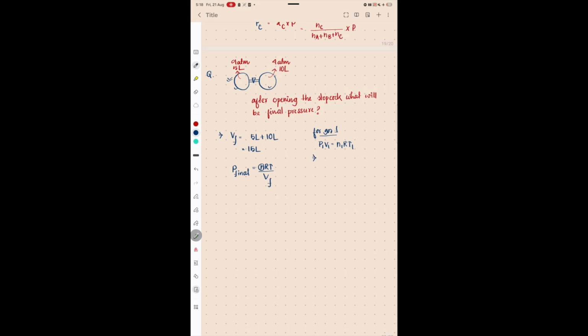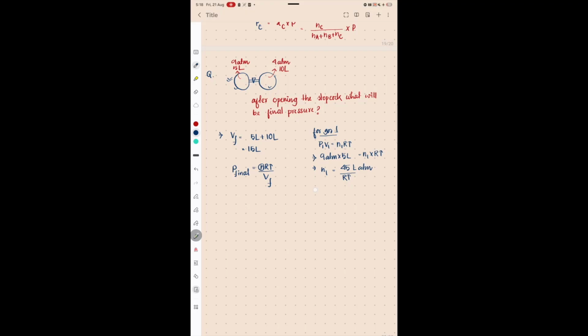So for that, what you can write is that P is how much? 9 atm cross 5 liter is equal to n1 into RT1, right? So my n1 is equal to 45 liter atm divided by RT. Instead of T1 we can consider only T, because the temperature is not changing, temperature is constant for the process.